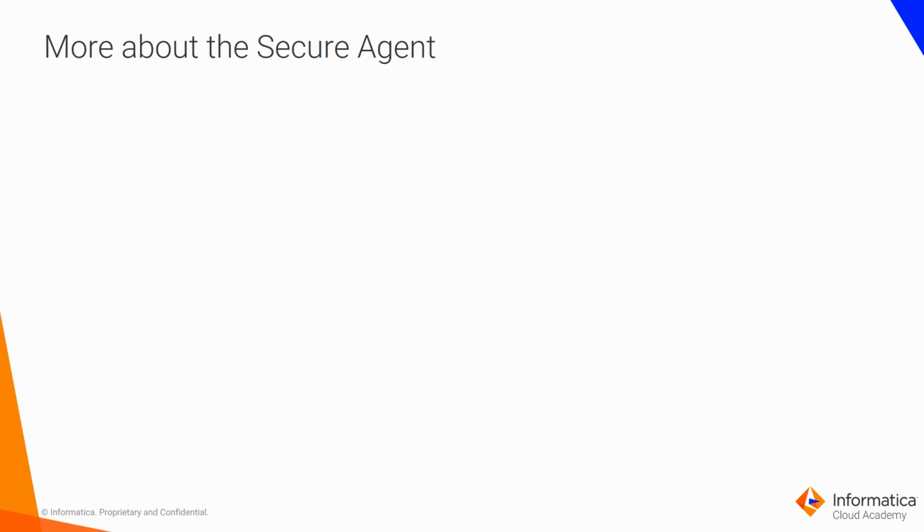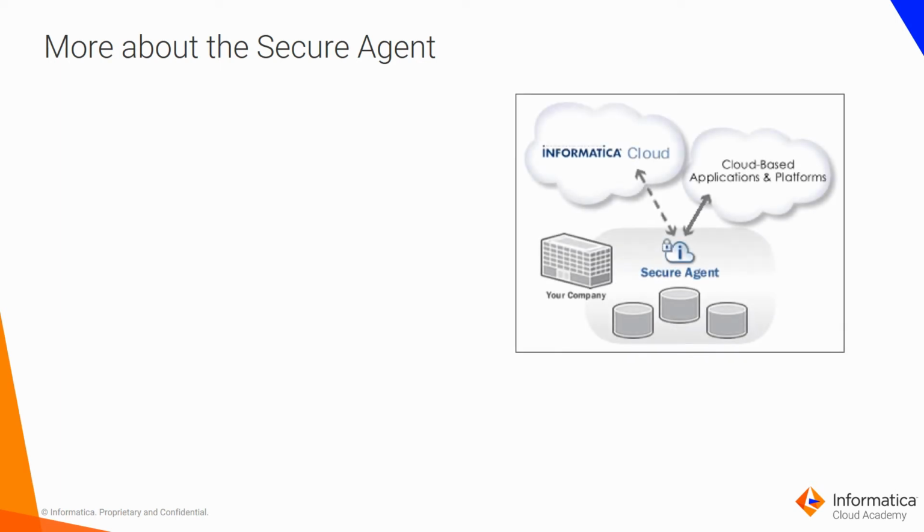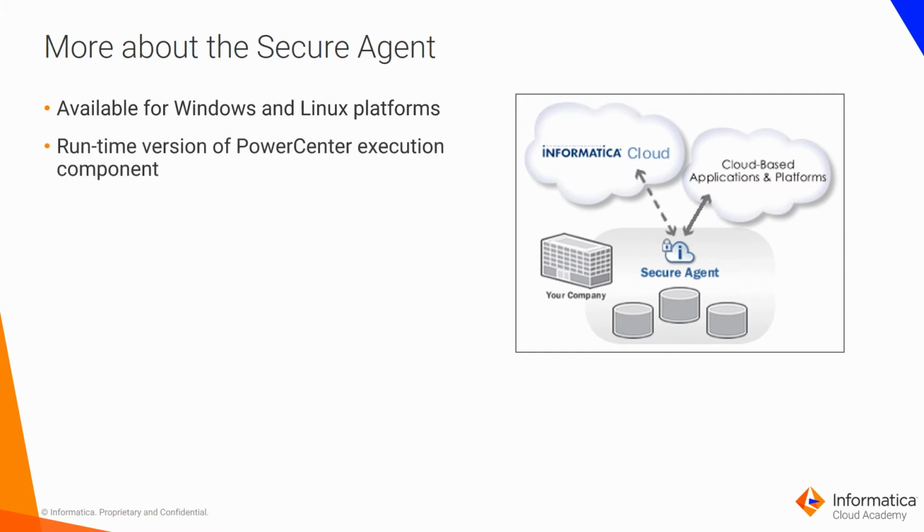So just a little bit more about the agent. It is available for Windows and Linux platforms. If you're familiar with Informatica and our Power Center product, this agent is a runtime version of that execution component. You also have the ability to install multiple agents within your network. So if you do have multiple resources that you need to connect to, you could install multiple agents.